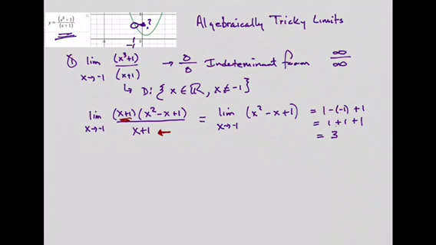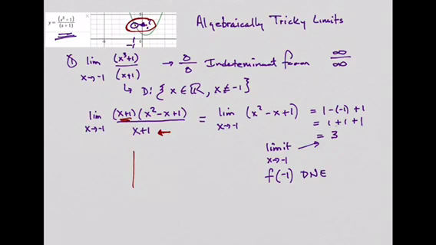So our limit of the function as x approaches -1 is 3. The function value does not exist. If I look up here on the graph again, I would fill in this y value, and this y value would be a limit of 3.